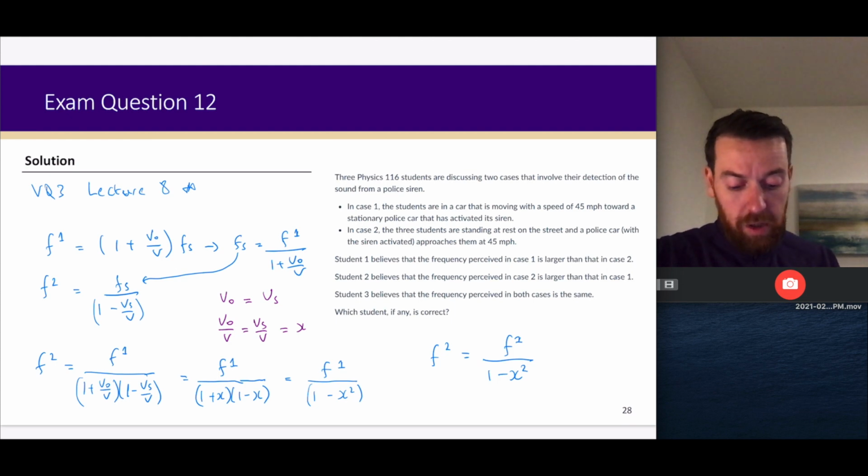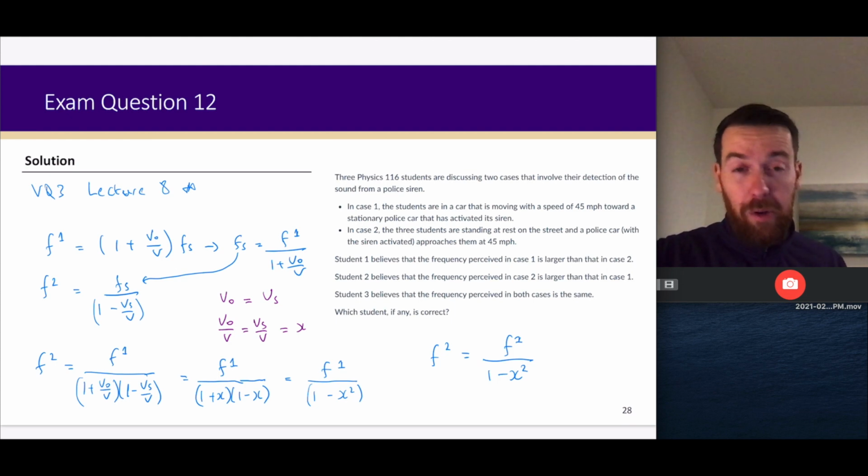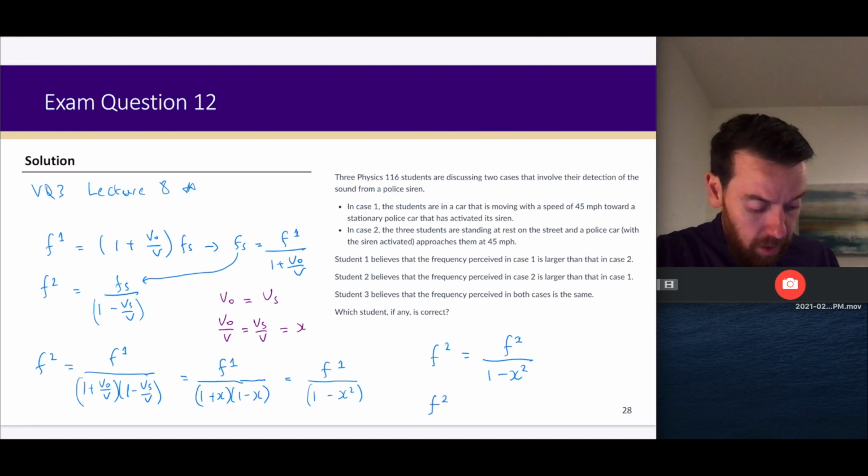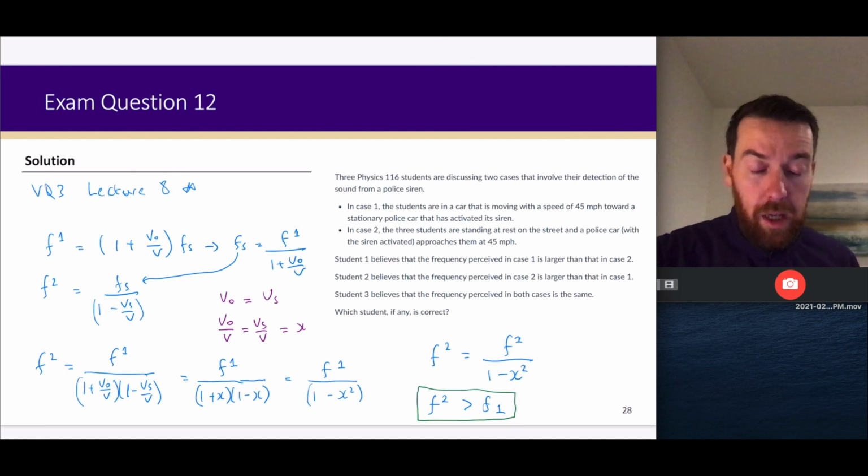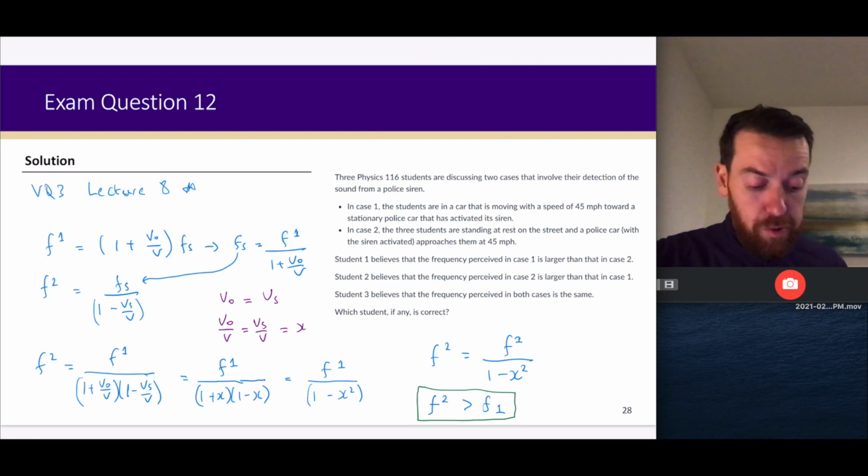The V0 over V, or Vs over V, will be a small number. 45 miles an hour is about 20 meters per second, so it'll be a small fraction, but 1 minus that fraction squared shows that F2 is larger than F1. Not by much for that particular speed, but definitely larger in the case in which the source is moving toward the stationary observer rather than the observer moving toward the stationary source.